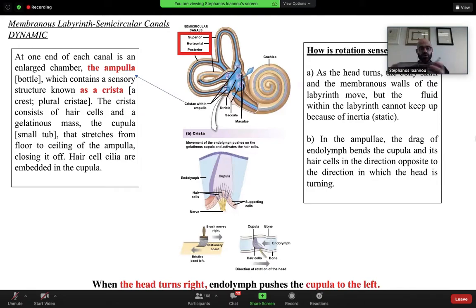So if I move to the left, water is gonna go to the right. This is exactly what the cupula senses. So as the head is moving towards the right, the endolymph, which is the water part, is gonna move to the left. Eventually, we know exactly and in detail where our body is situated in space and time.